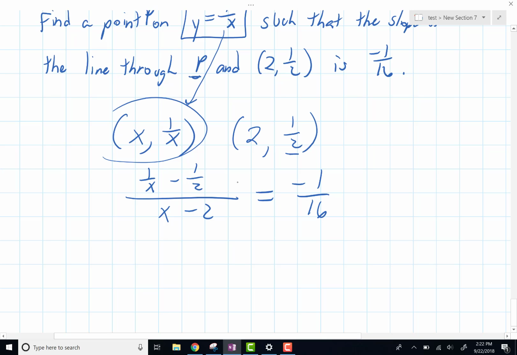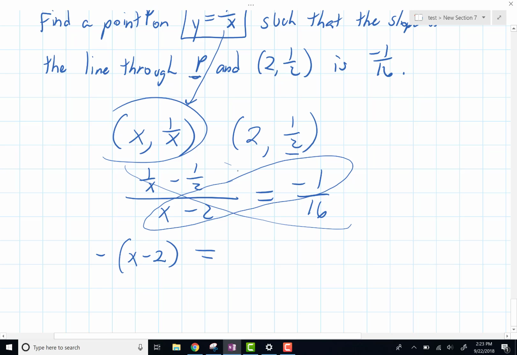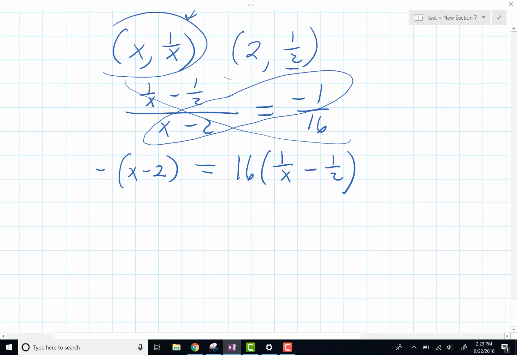So I'm going to say that x minus 2 times -1 equals 16 times 1 over x minus 1/2. Now the whole reason that works, a lot of teachers are veering away from that, but you're making common denominators, you're multiplying both sides by the denominators, and they're in essence canceling. But it's so fast when you have fraction equaling fraction that I kind of like to do it.